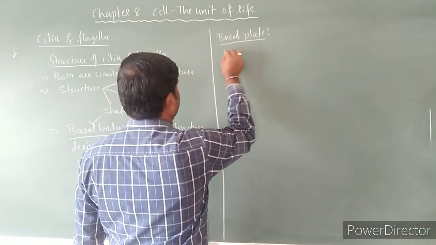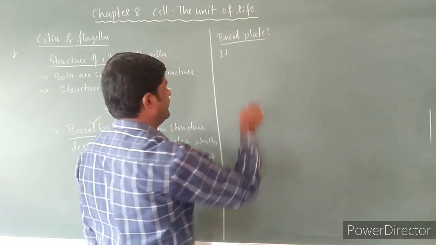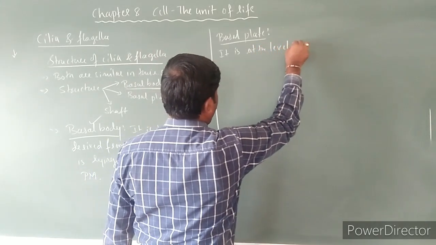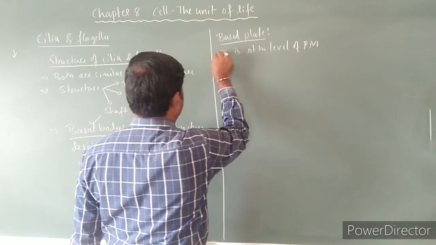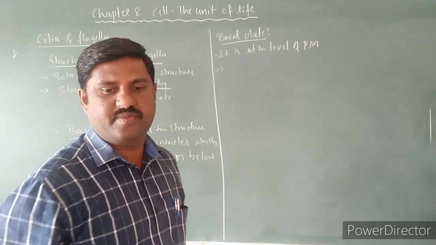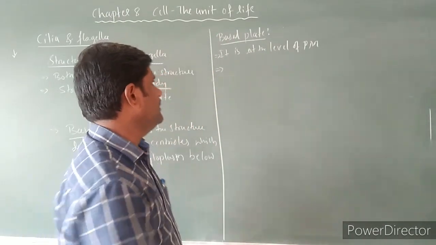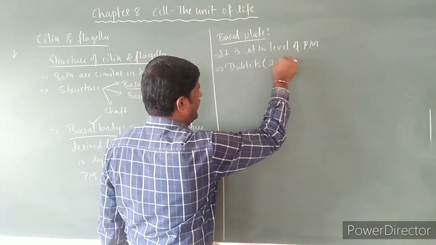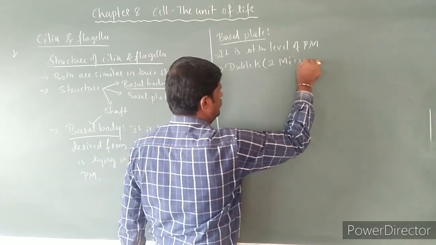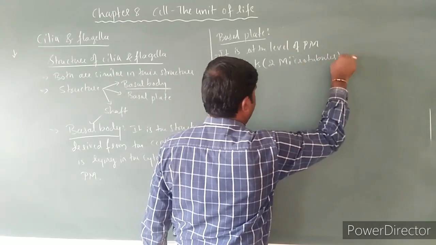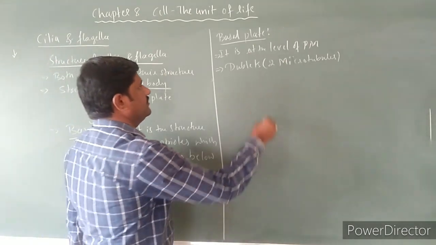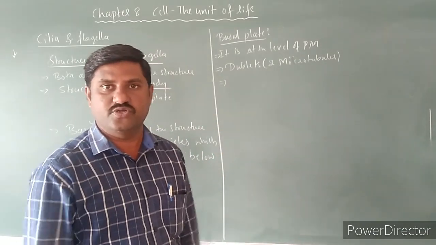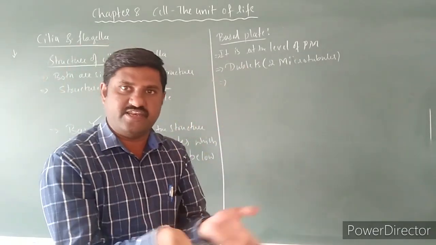It is at the level of the plasma membrane, and it has doublets, in the sense that it is made of two microtubules. Earlier we have seen triplets A, B, C, where three microtubules together form the triplets arranged peripherally.